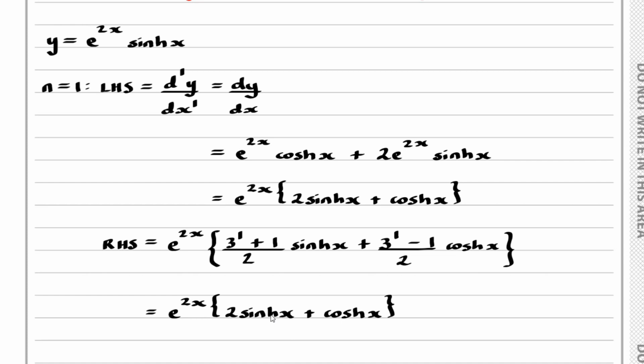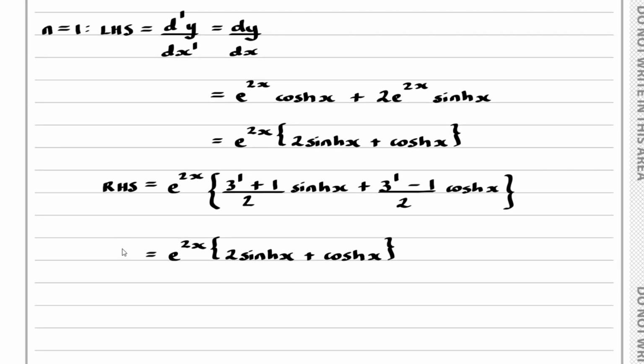So we've got 2 times hyperbolic sin x, and then here we've got (3^1 - 1)/2, so that's just 1, multiplied by hyperbolic cosine x. So the right hand side is e to the 2x multiplied by 2 times hyperbolic sin x plus hyperbolic cosine x. So what we see then is the left hand side is equal to the right hand side, and because of that, the result is true for n equals 1.